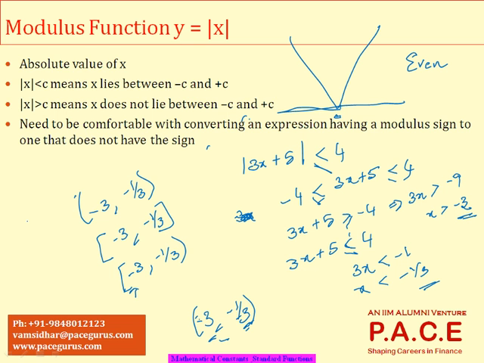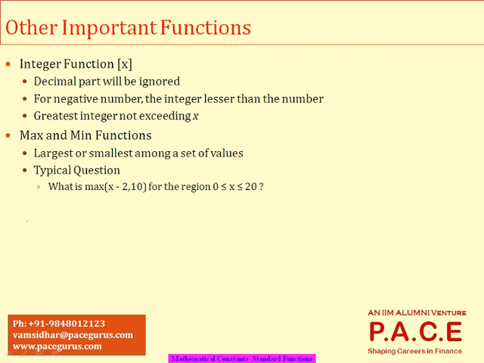Right? So now let's move on to the next important function, which is the integer function. The integer function is represented with a square bracket of x. So if I'm talking about the integer function of 3.2, then it is nothing but 3. So we are trying to find out the integer part of it. That's it.